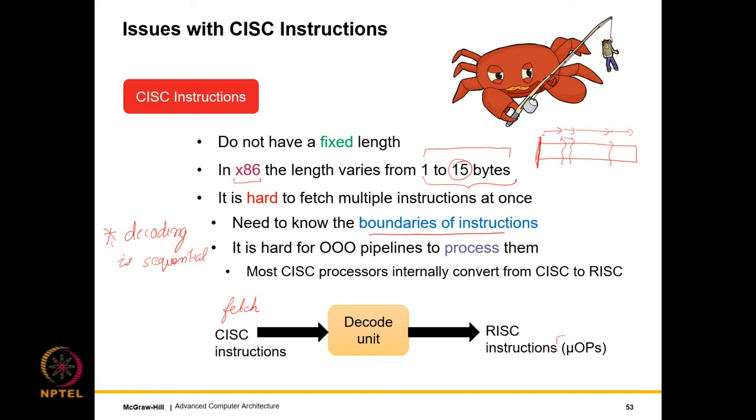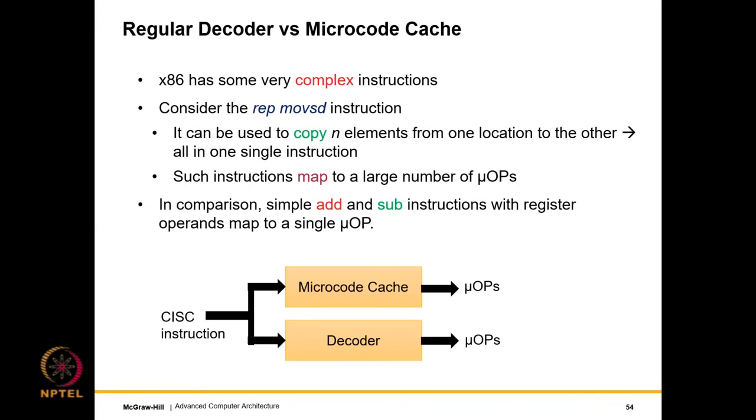These internal RISC instructions are known as micro-ops or microcode, and this conversion is done unbeknownst to the programmer, but it has to happen so that we can extract the maximum amount of performance from the out-of-order pipeline. So it is essentially CISC outside. An Intel or AMD processor is CISC outside, RISC inside.